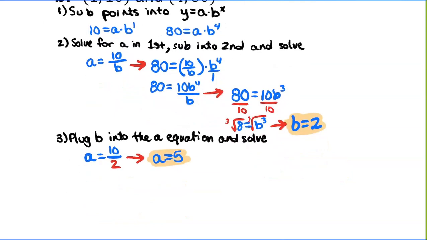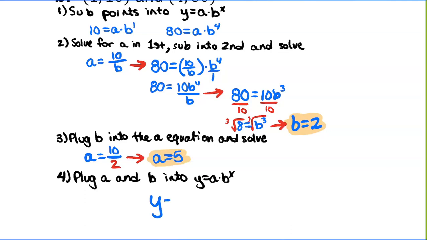So our last step, plug a and b into y equals a times b to the x. So now we leave our y and our x alone. We just plug in a and b. So we'll have y equals 5 times 2 to the x.